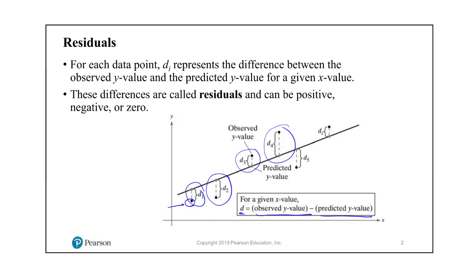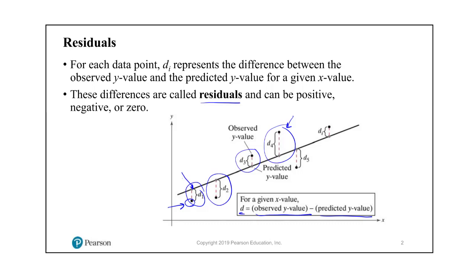So in this case, this would be the observed y value, and this would be the predicted y value. So I would get some negative difference there, whereas I would get a positive difference there. These differences are called residuals, and they can be positive, negative, or zero if you actually fell on the line itself.